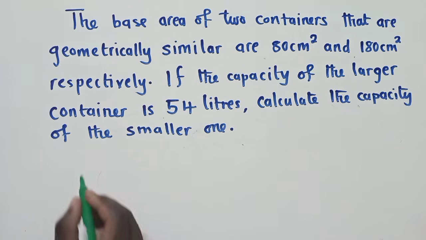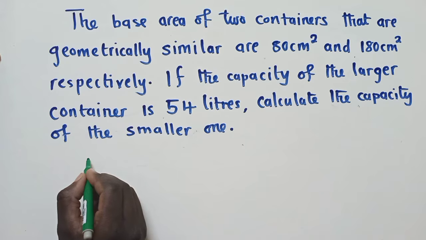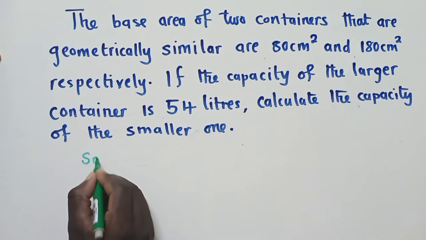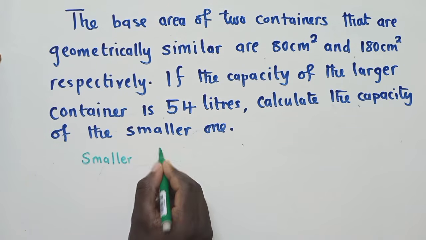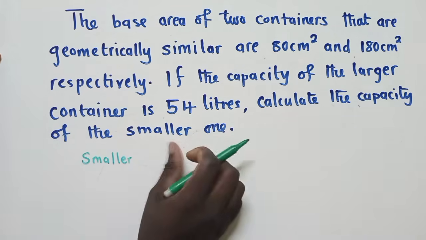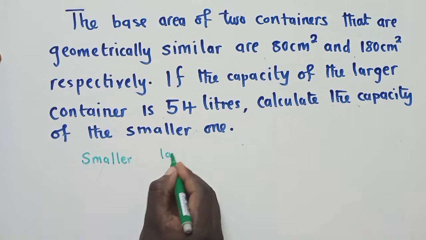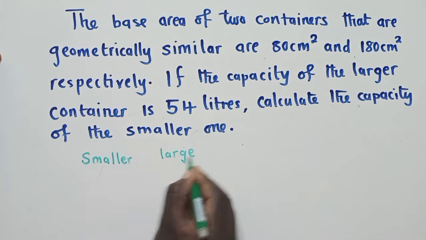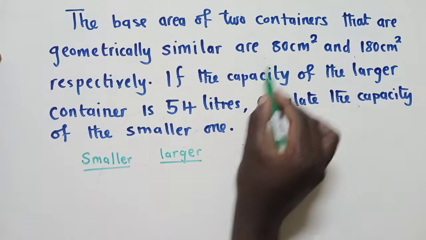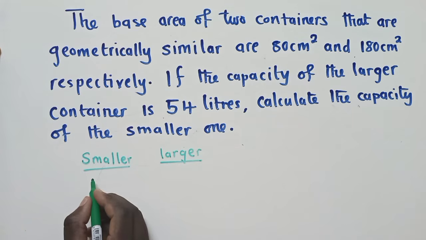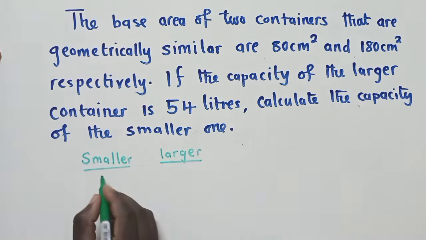So let's gather our data here. On this side we're going to say smaller, and on this side bigger or larger. I've got two containers. If you see 80 centimeters squared as the area of the base, this one goes for smaller.